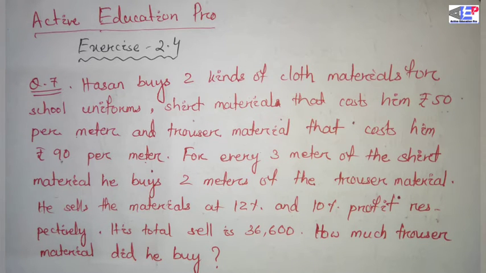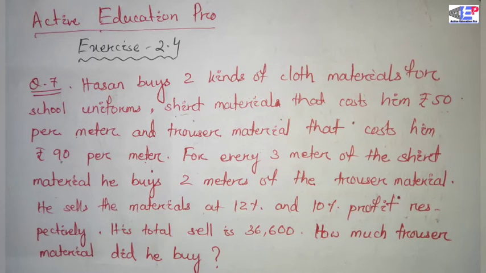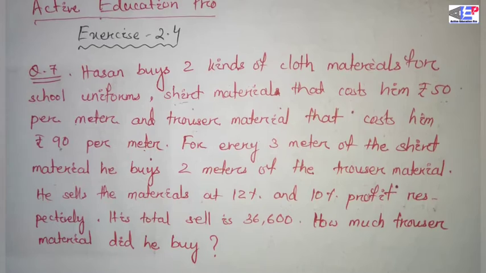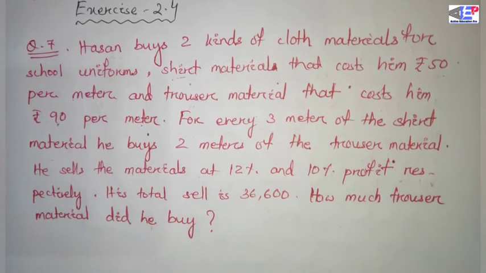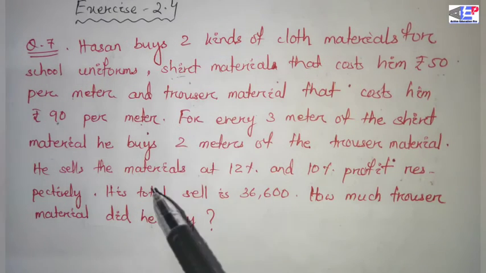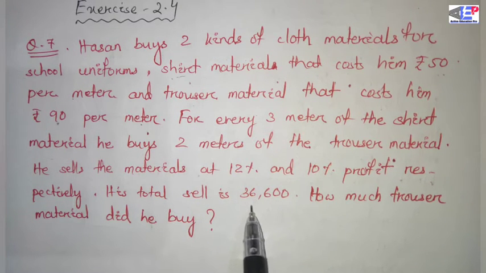So here there is one person, his name is Hassan. He buys two kinds of cloth materials. One is shirt and another is trouser material. This question is related with profit and loss, buying and selling. Hassan buys, and again sells the product at the price of 36,600.